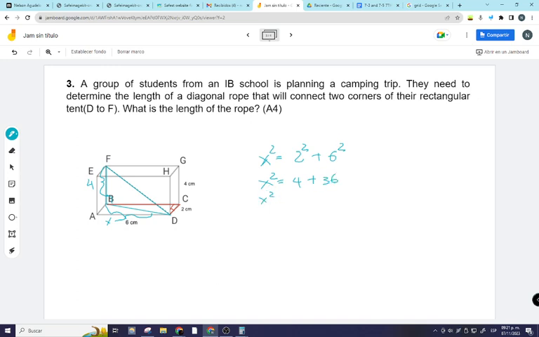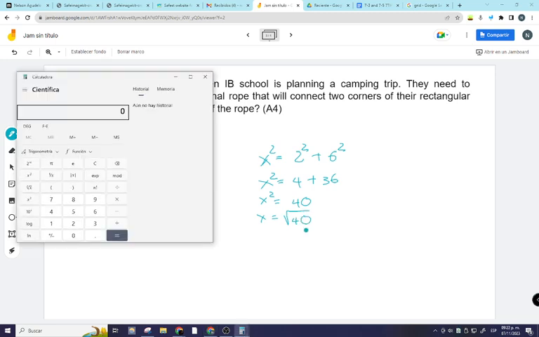So x squared is 40, and x is the square root of 40. Let's find it with the calculator, but it will give you an approximation because it's an irrational number. The square root of 40 is approximately 6.3245, so let's leave it as 6.32.